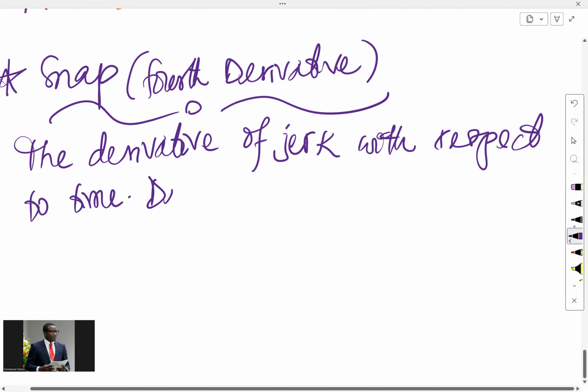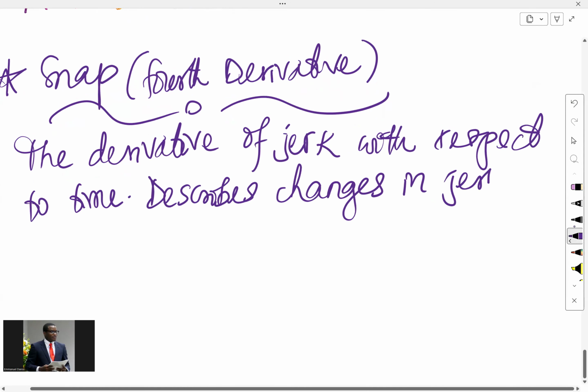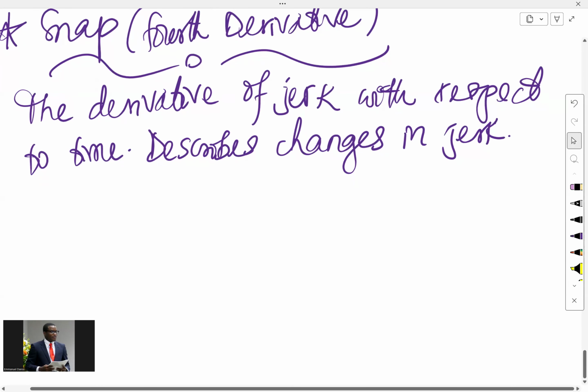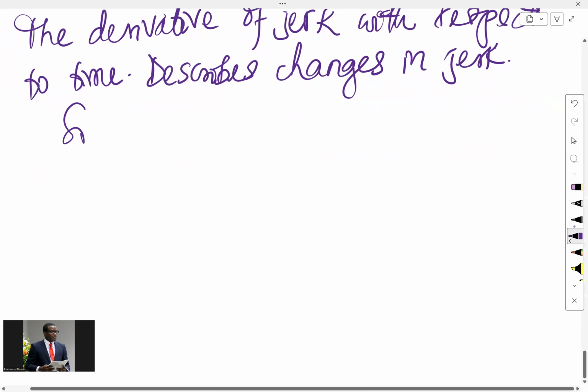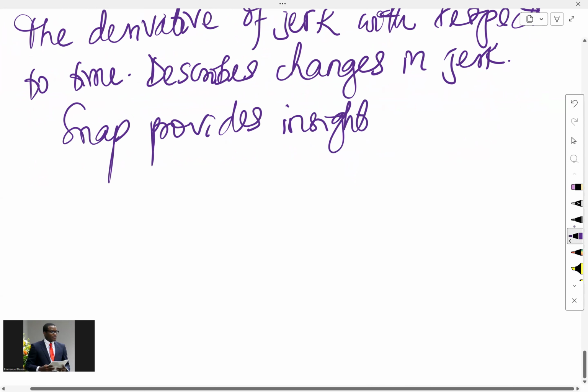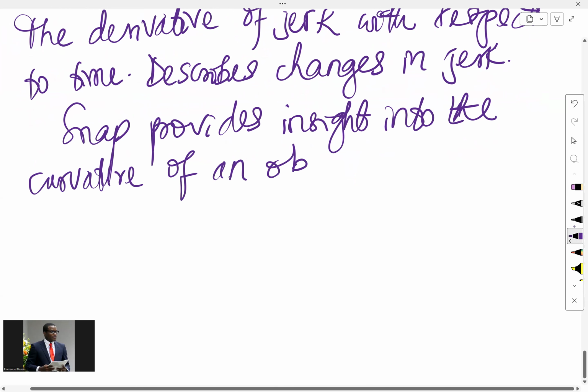That describes changes in jerk, and the physical interpretation of this is that snap provides insight into the curvature of an object's motion trajectory.